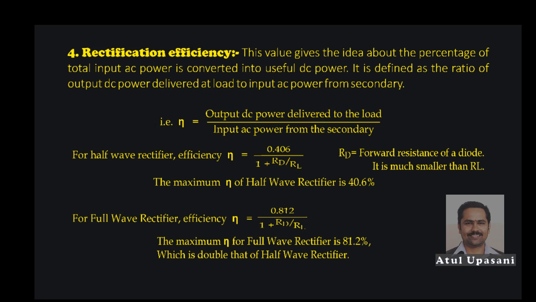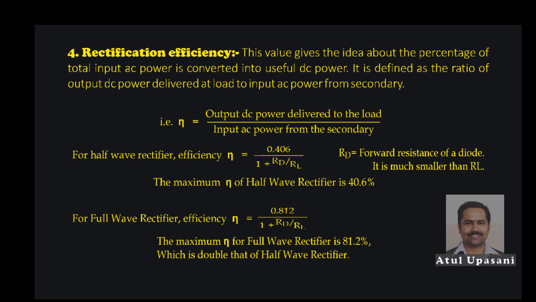For a half wave rectifier, efficiency can be calculated by the formula 0.406 divided by 1 plus RD by RL, where RD is the forward resistance of the diode, and this resistance must be smaller than the load resistance. The maximum eta of a half wave rectifier is 40.6%. In case of a full wave rectifier, the efficiency eta is calculated as 0.812 divided by 1 plus RD by RL.